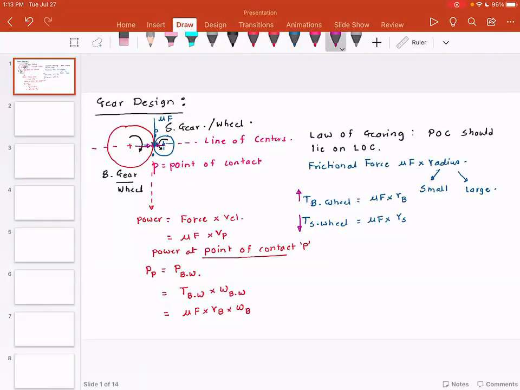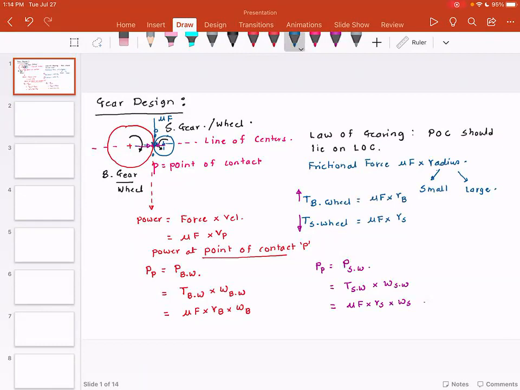If you were to think about this point of contact as the point on the small wheel, I would say SW, this is going to be torque of the small wheel multiplied by omega of the small wheel. Torque of the small wheel is mu F times RS, and I'm going to call this omega s.